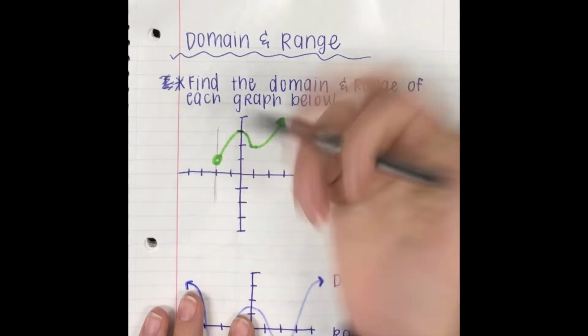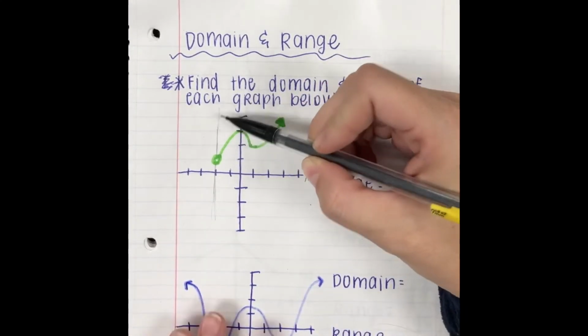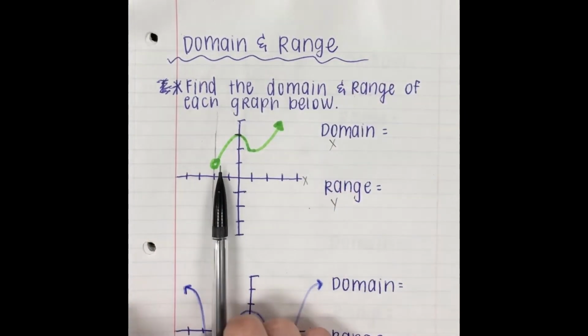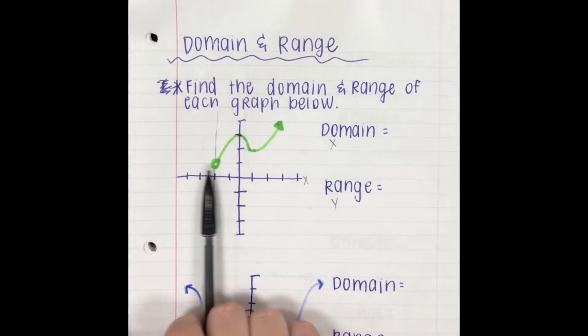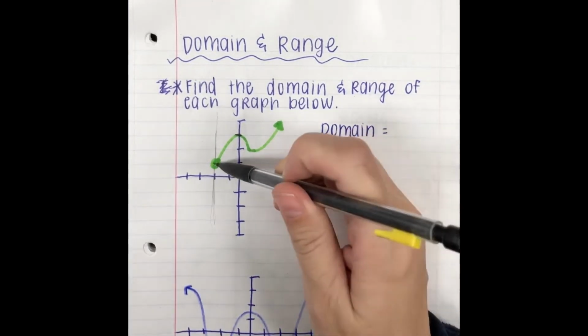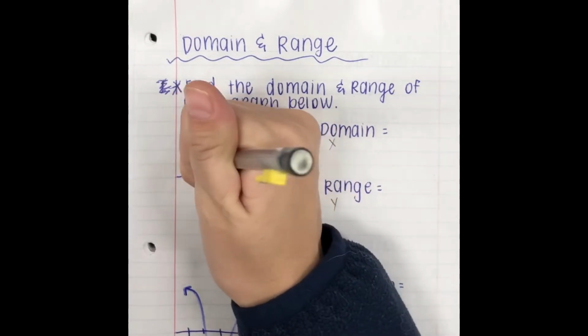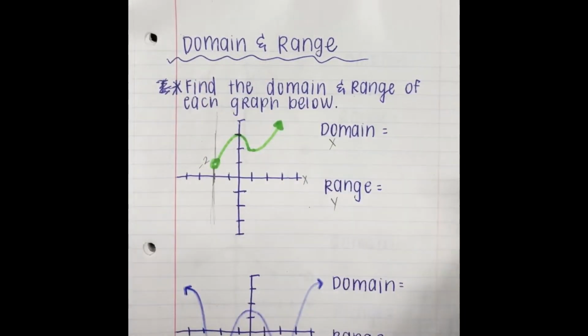If I extend this line where this point is, there are no other points further to the left of that line. So this point is the furthest left point on my function. Okay, so this is my smallest bound, the smallest limit for my domain. This number right here is at -2 on my x-axis.